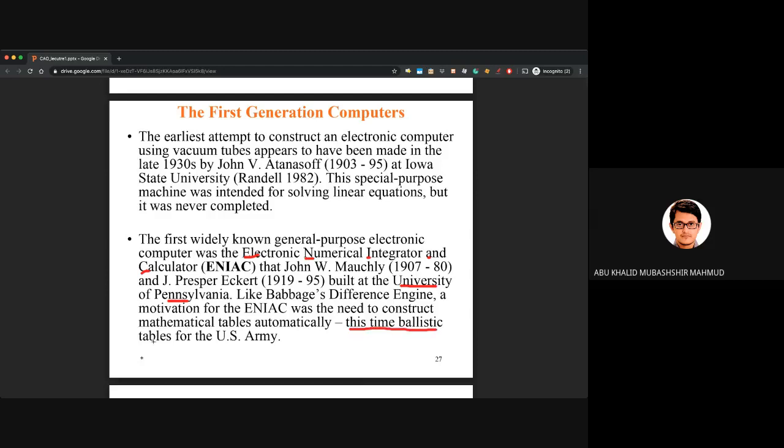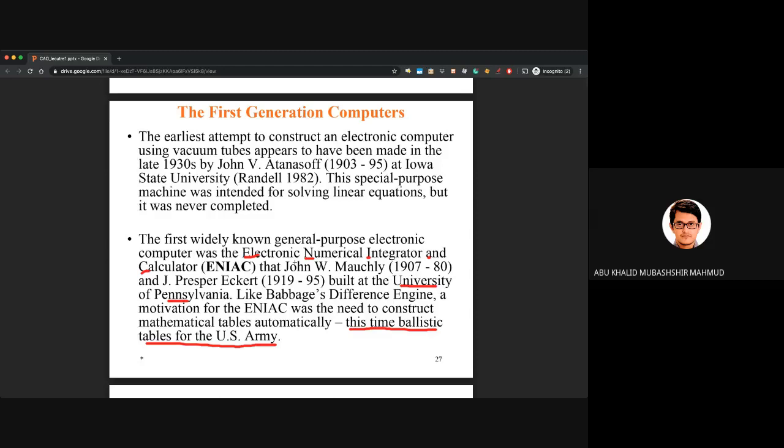So what is a ballistic table? You have to consult Google if you have more interest. I would not go into deep analysis of them, but for your information, ballistic tables were used in ballistic missiles to calculate the target and range of the missiles, and it is a highly complicated physics calculation.